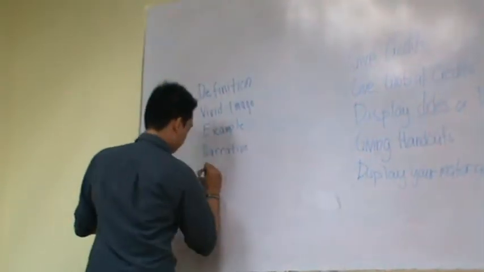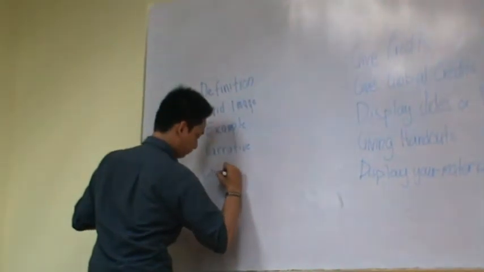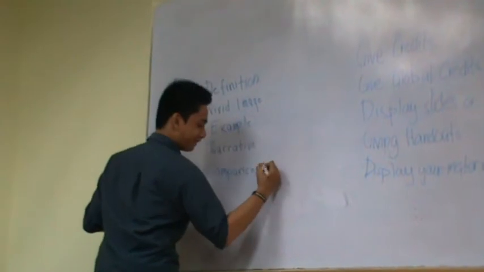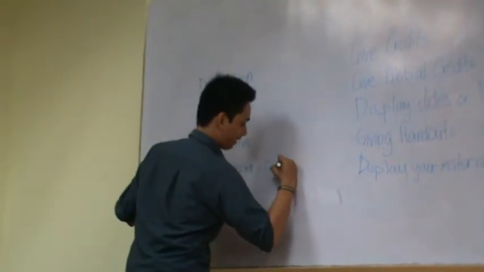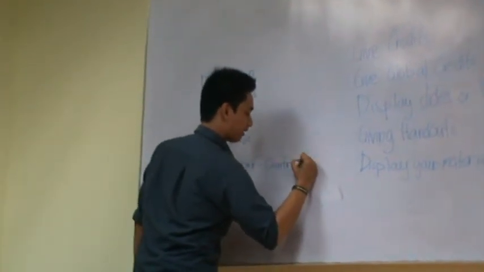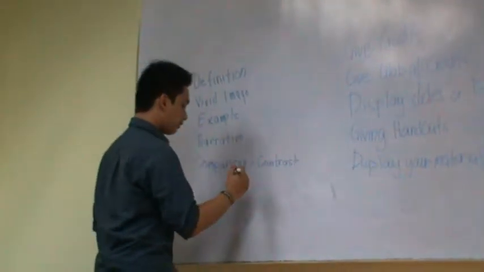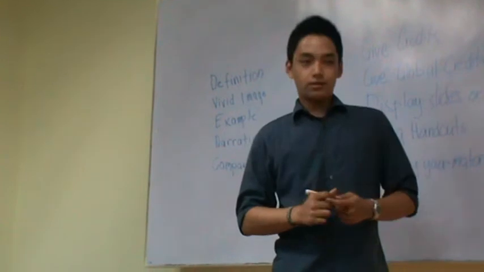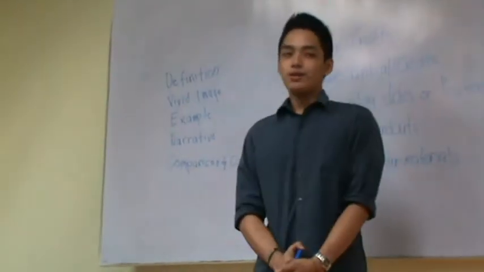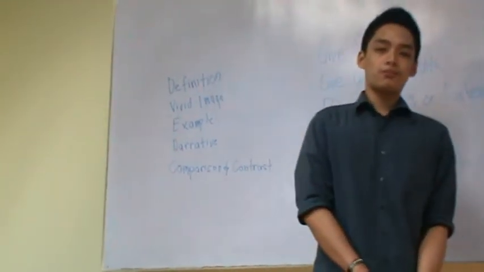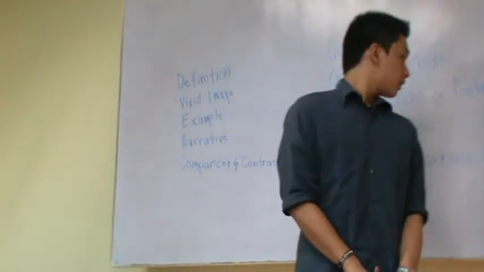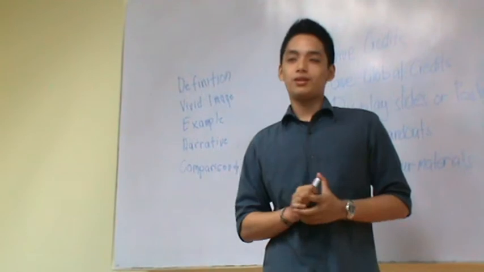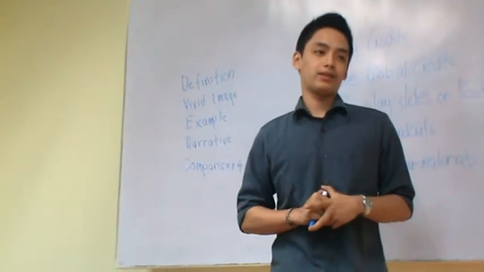Fifth, comparison and contrast. In using comparison, you must show how two or more things are alike. And in contrast, you must show how two or more things are different.